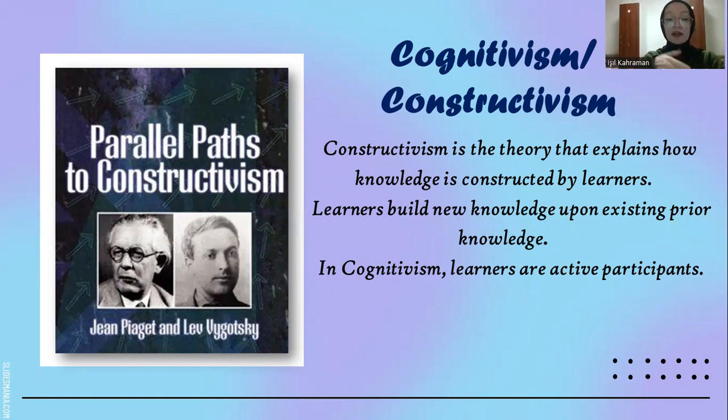And Vygotsky is saying that there is a social constructivism, which explains learning as a collaborative process, and that knowledge is collaboratively constructed through interactions with peers and more knowledgeable others.